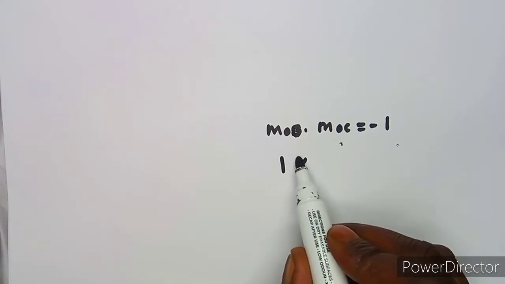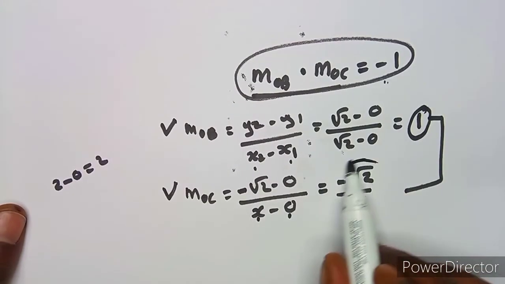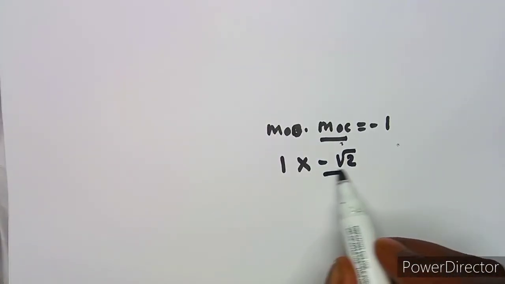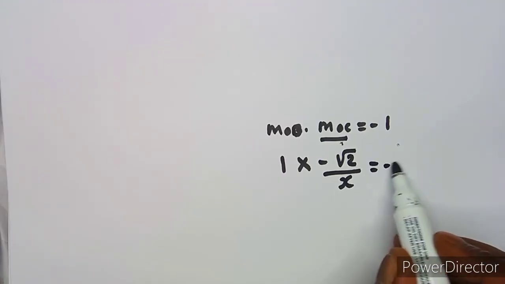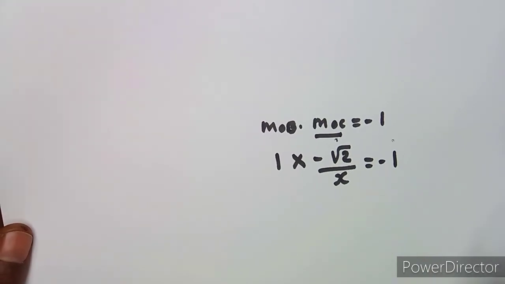So 1 times the gradient of OC, which is minus square root of 2 over x, we must obtain negative 1. So we have formulated an equation by just knowing this concept, guys. Look at the advantage of knowing this concept. We have formulated an equation where we have to solve for x.